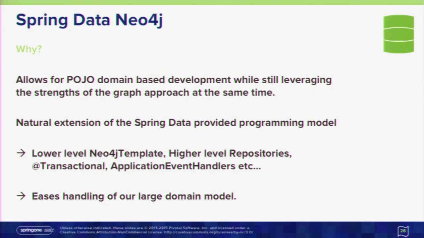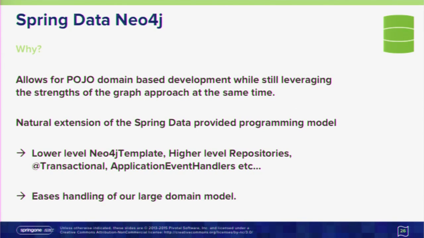In this case, it's Neo4j, but we had a lot of talks this week on Spring Data. There are also other Spring Data modules, and the programming model pretty much stays the same. You will notice changes with the annotations, or when you submit your custom queries, that's for sure. But the general programming model stays the same.